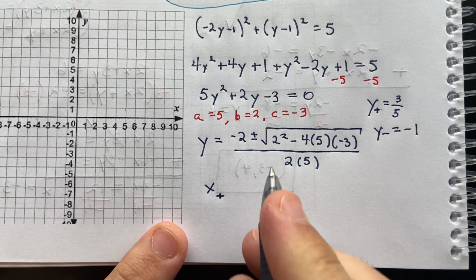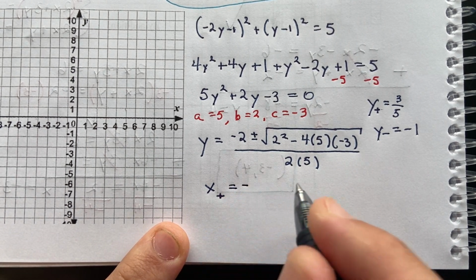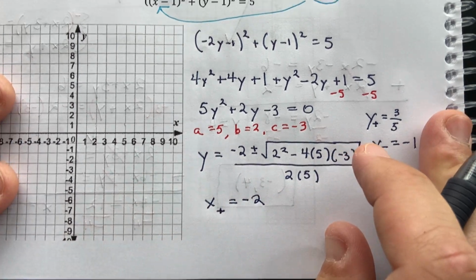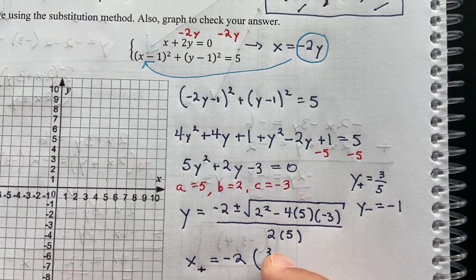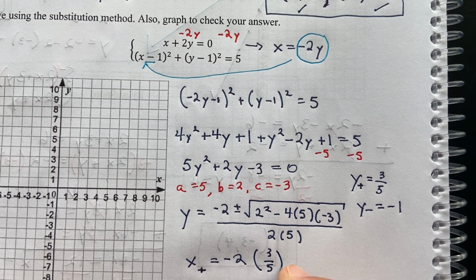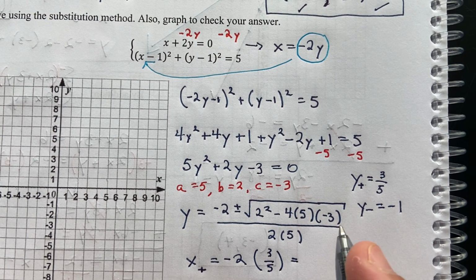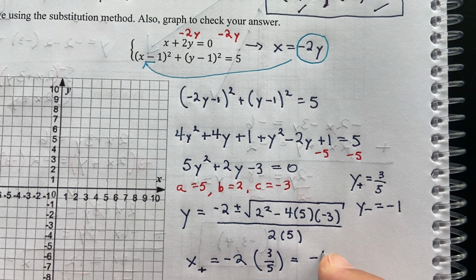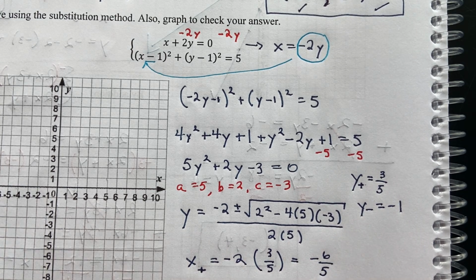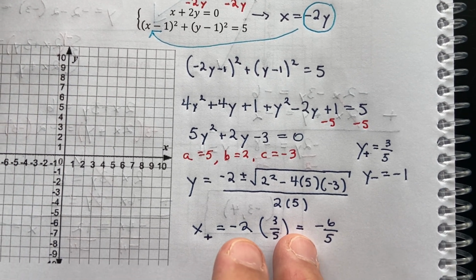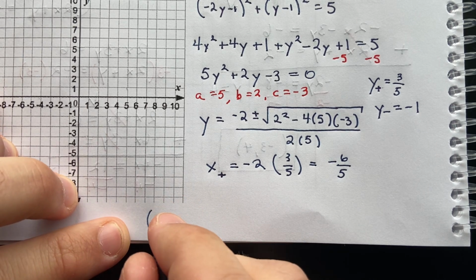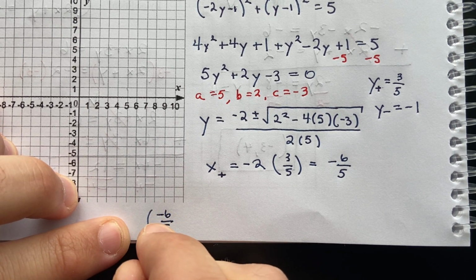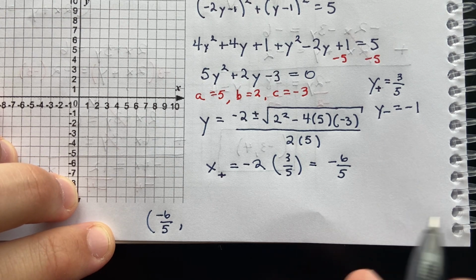So x plus would be negative 2, right? I'm going into here with y plus, times 3/5 equals negative 6/5. So that would be one of our solutions, apparently. Maybe I'll write that down here. So negative 6/5, comma, 3/5.